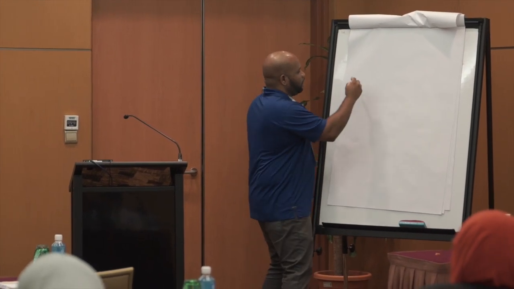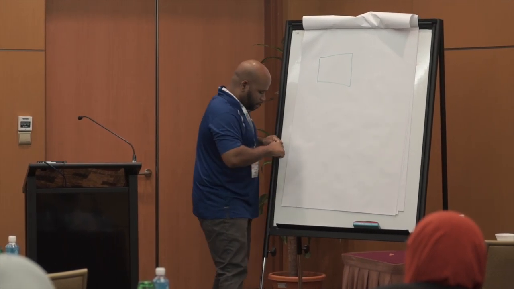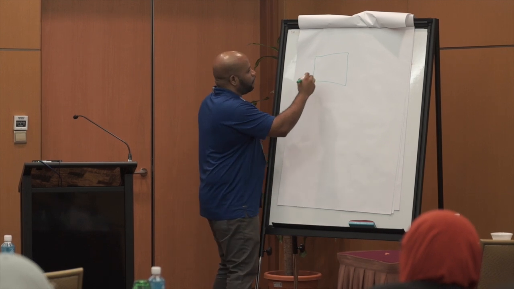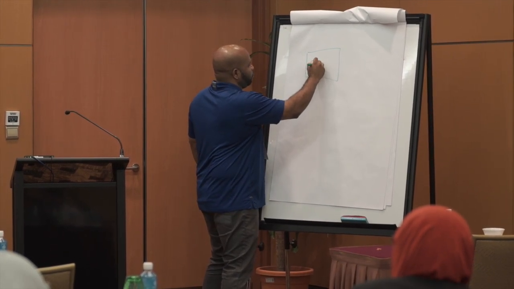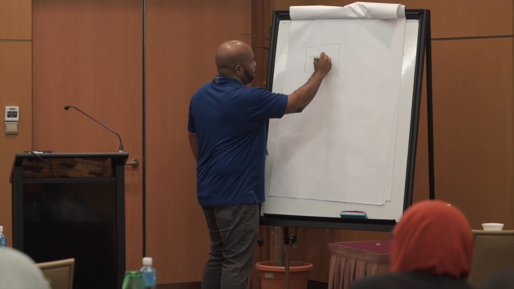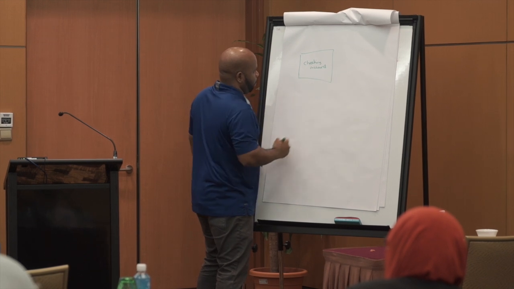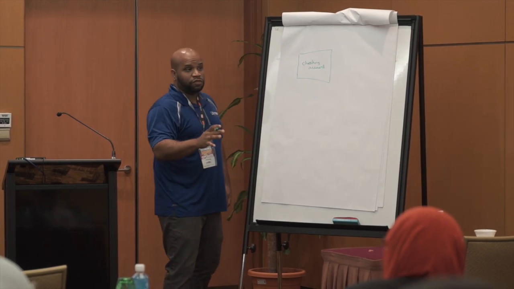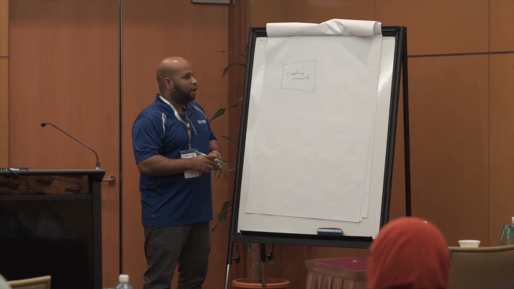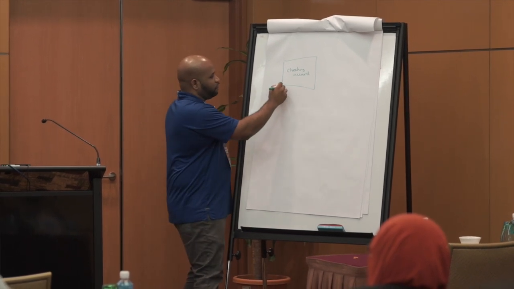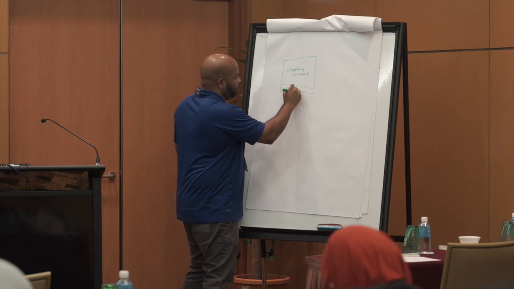So let's say that I have a microservice that deals with a checking account. So it handles accounts. Now, part of the process of that account may be actually withdrawing money.